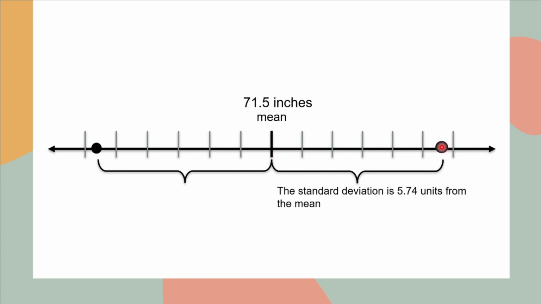So, ganyan siya kalayo sa mean. Or ganyan siya kalapit sa mean. Pag mababa ang standard deviation, sabihin yung mga data ay malapit sa mean. Pag malaki yung standard deviation, ibig sabihin yung mga data ay malayo sa mean.